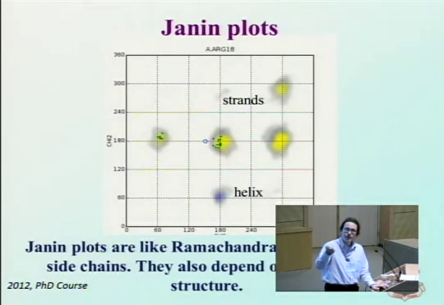And you can conveniently look at rotamers in the so-called Janin plots where you plot Chi1 and Chi2, and you get allowed regions. So this is essentially the same idea as the Ramachandran plot, but for amino acid side chains.